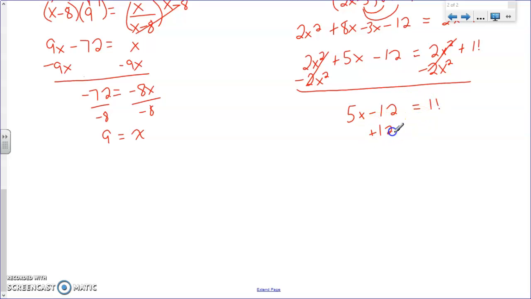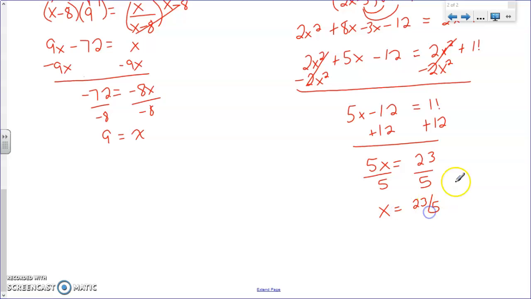We're going to add 12 to both sides. So 5x equals 23. Divide by 5. And x equals 23 over 5. And then when I plug that in, it is a solution and it checks out.